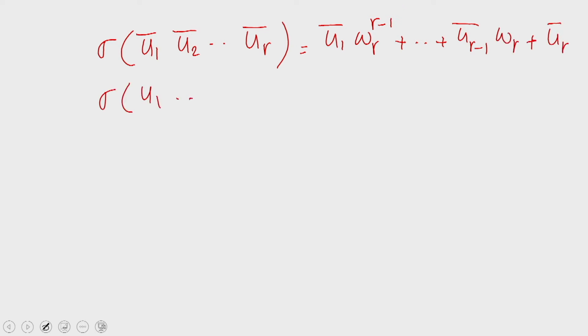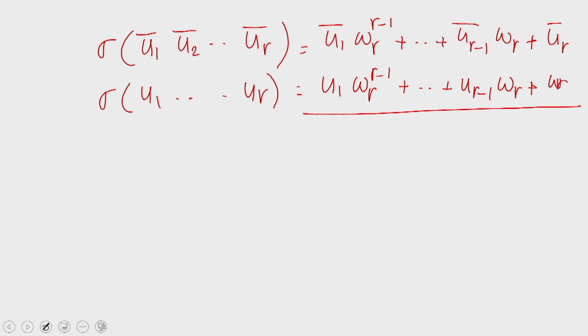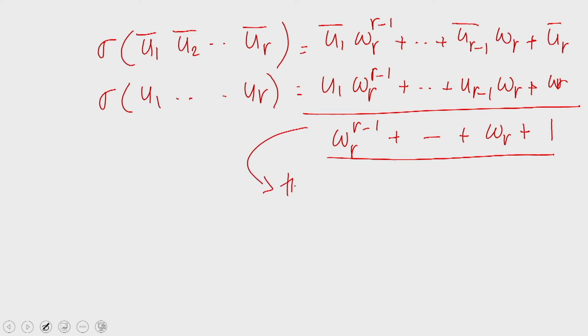Similarly, sigma of u1 through ur is ur, and when we add them together we find that this is, but then what is this? This is the sum of the rth roots of unity, which we know is 0.